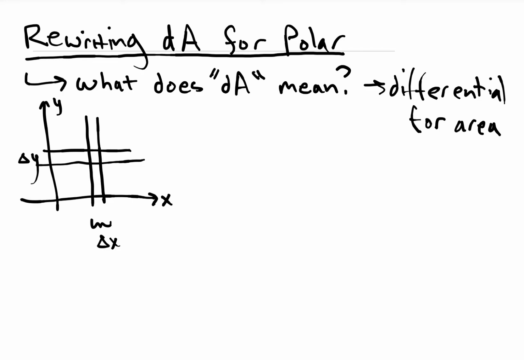That's what the triangles mean. But your differential for area corresponds in Cartesian to you having taken some change in x and some change in y. Your small changes in area are going to come from this.